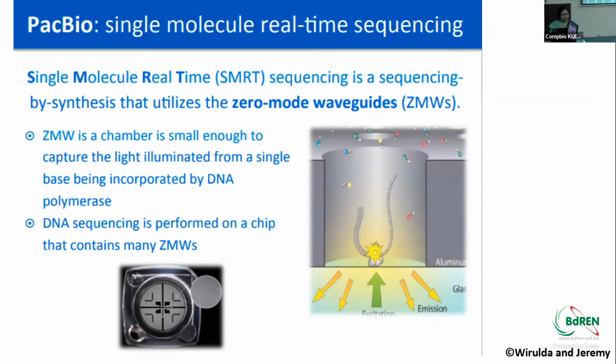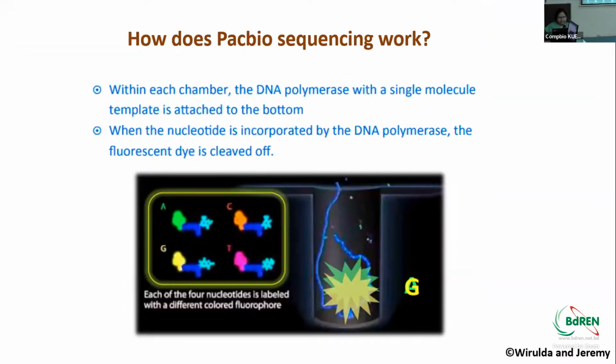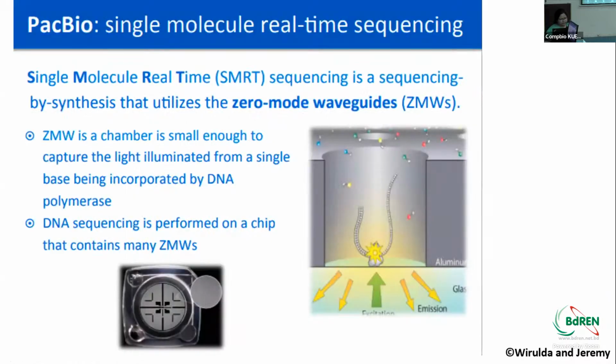They can literally sequence a single molecule, and for this they need a chamber like this, a zero mode waveguide, where the polymerase is attached in this section, and whenever the DNA comes, it can have the dye and give the emission.